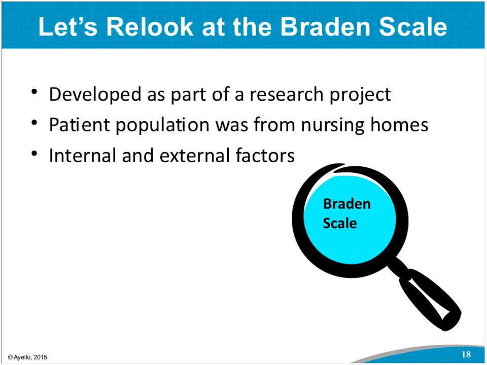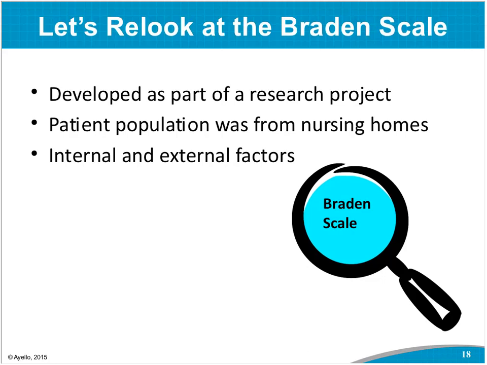So if you look at the original articles from 1987, which they published in Nursing Research and Rehabilitation journals, it really was about what factors they thought could be included in their study, which actually was a study on nutrition. And I've had conversations with Barbara Braden over the years about how it was created and why it was created. And I think it's good to remember that. Barbara Braden didn't like the existing pressure ulcer risk assessment scales that were available at the time.